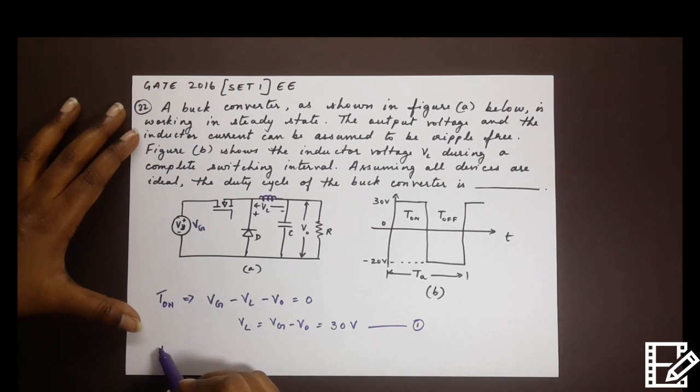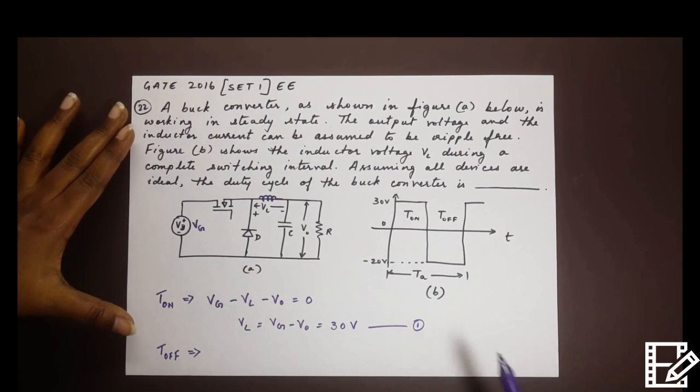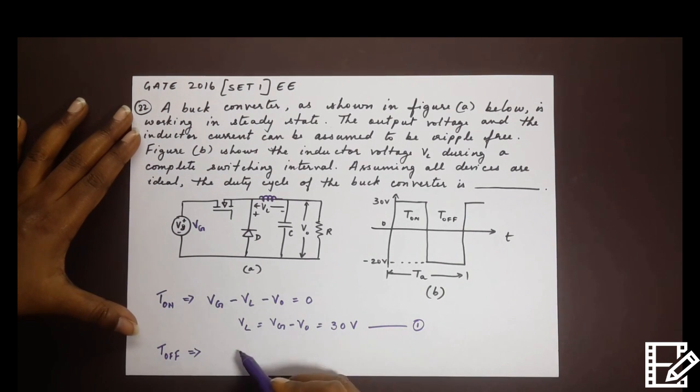Now the second equation is during the period of T off. Now during T off, what is off? That is what you'll have to think. In simple terms, the source is off. So VG is 0. So we use the same equation here.